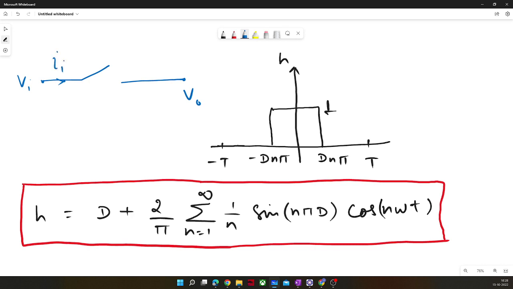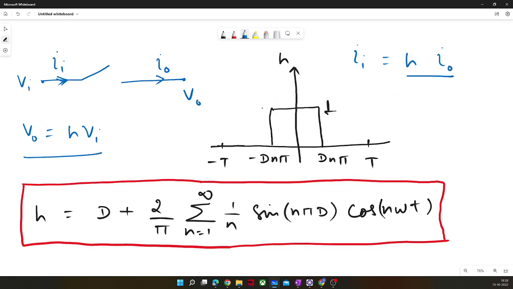And this input current is also flowing from the input side. So we can write V naught is equal to H times Vi, and Ii is equal to H times I naught. You agree on this one?